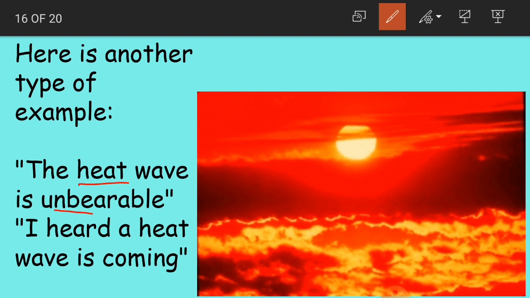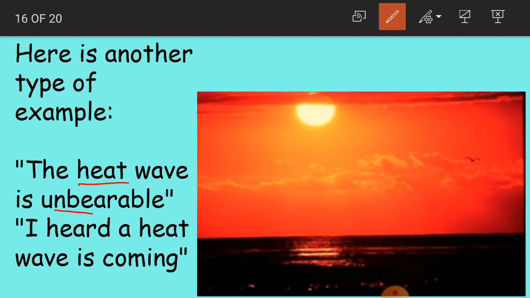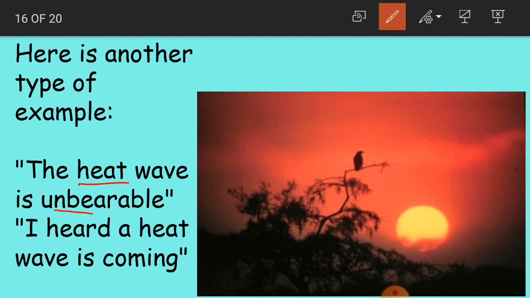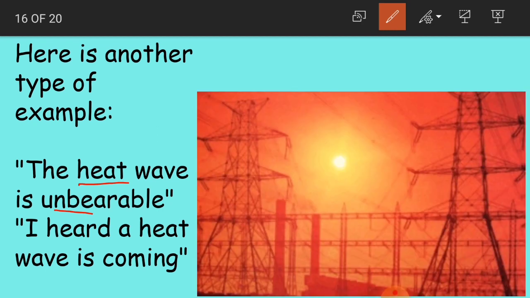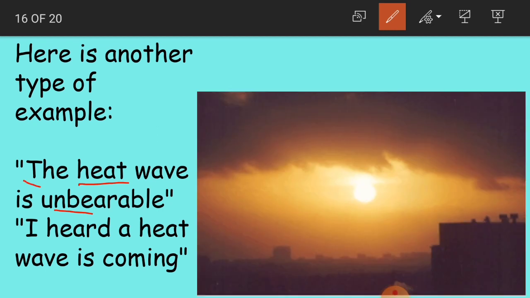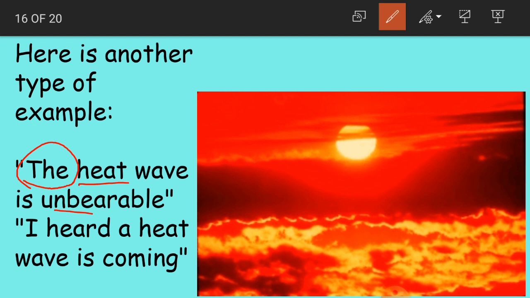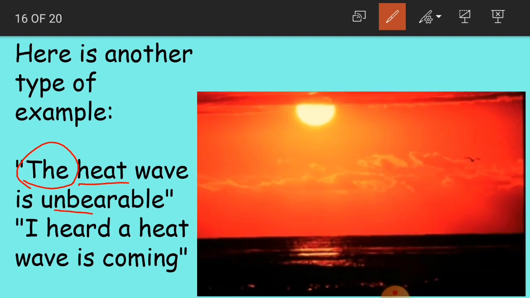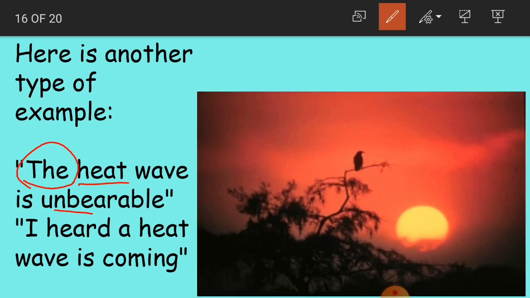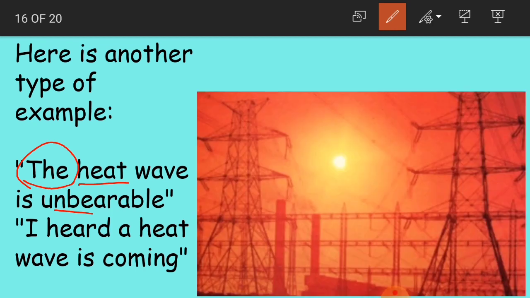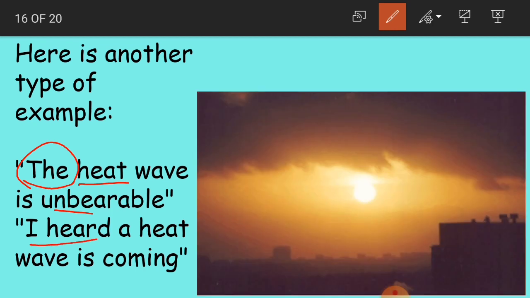So heat wave is like the heat breeze and the heat weather. It is unbearable. So here we are using the. Again, right now what the heat you are experiencing, that is unbearable for you. Okay, again in the second sentence, I heard a heat wave is coming.